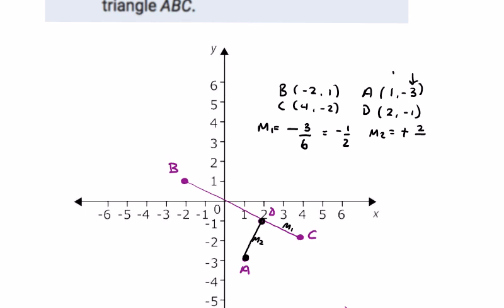The change in X from 1 to 2 or 2 to 1 is 1. So if M1 by M2 is equal to minus 1, then we have a 90-degree angle between them. Minus a half by 2 over 1 equals minus 1. Therefore, we can say that AD is perpendicular to BC.